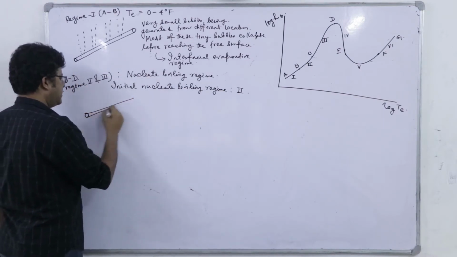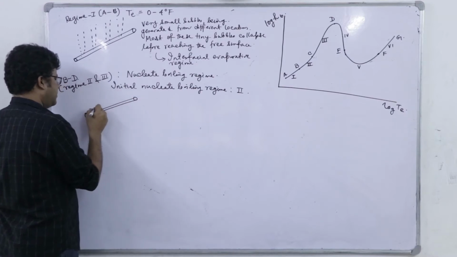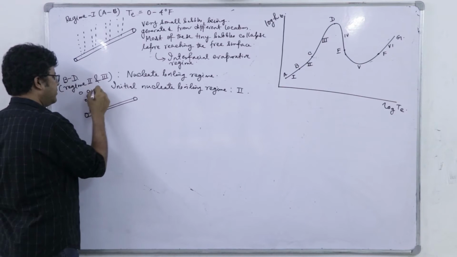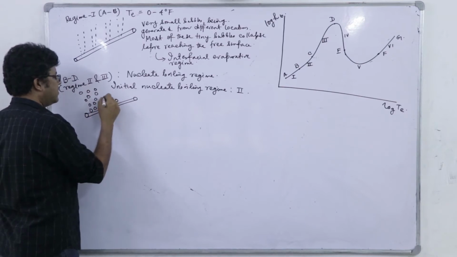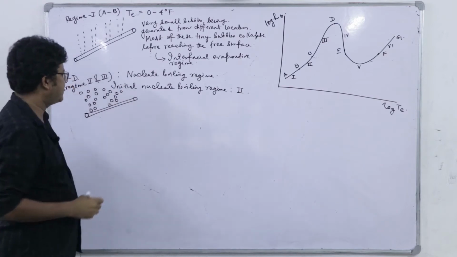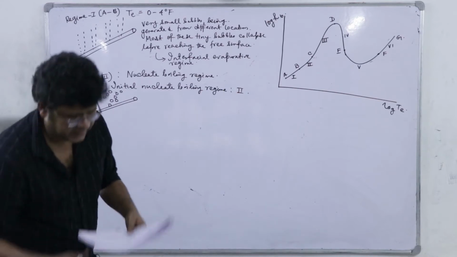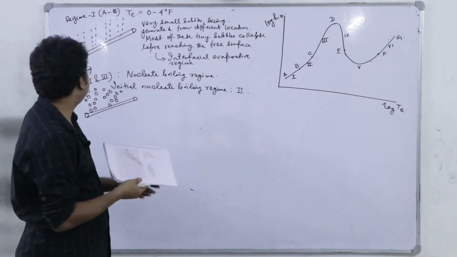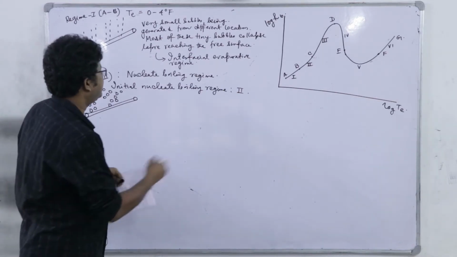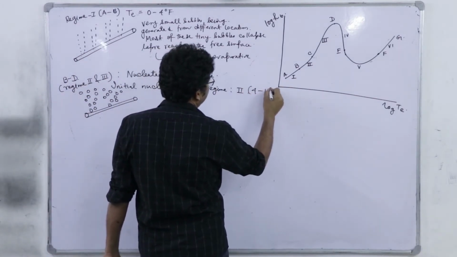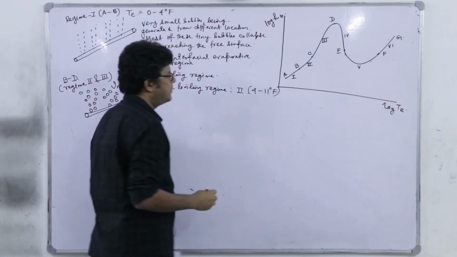See, here moderate sized vapor bubbles are being released from some spots like this. Okay? So here the regime 2, it's 4 to 11 degree Fahrenheit, right.